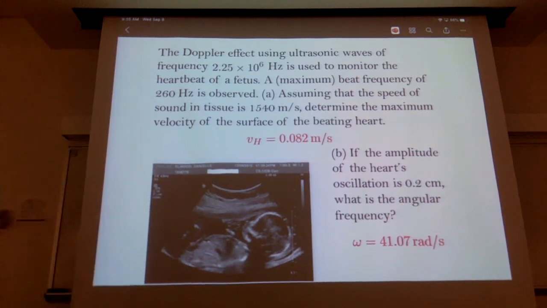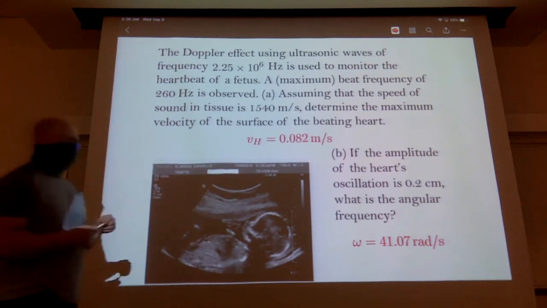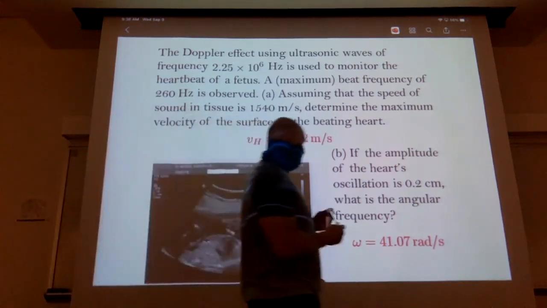The maximum beat frequency that it observes is 260 hertz. Assuming that the speed of sound in tissue is 1,540 meters per second, determine the velocity of the surface of the beating heart. And we'll talk about this in just a second. Part B then says, if the amplitude of the heart's oscillation is 0.2 centimeters, what is the angular frequency?